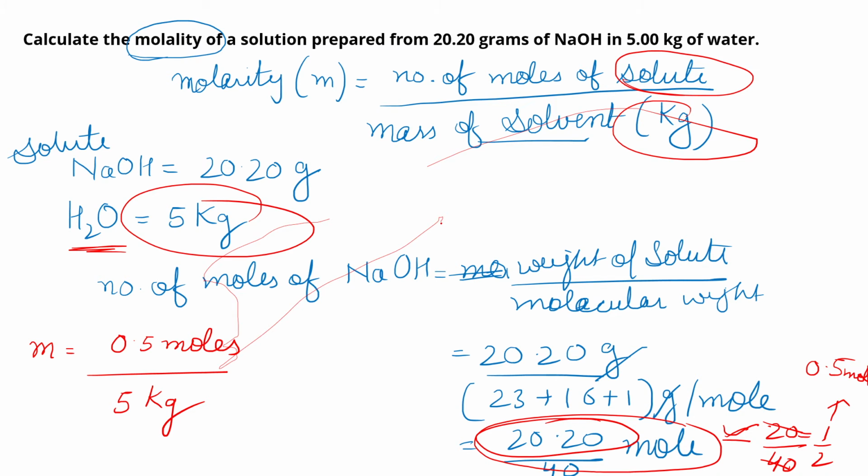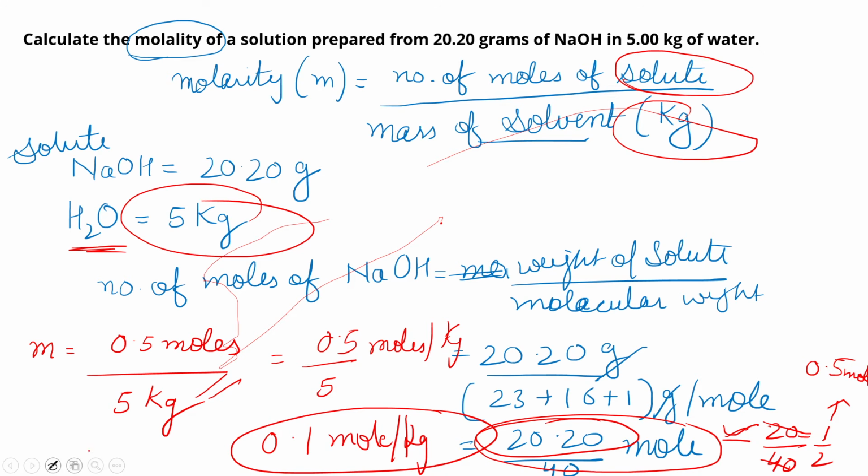We need not change the units because the unit is kg only. So 0.5 divided by 5, what will be the value? Moles per kg. It will give you 0.1 mole per kg. Or you can say 0.1 small m.